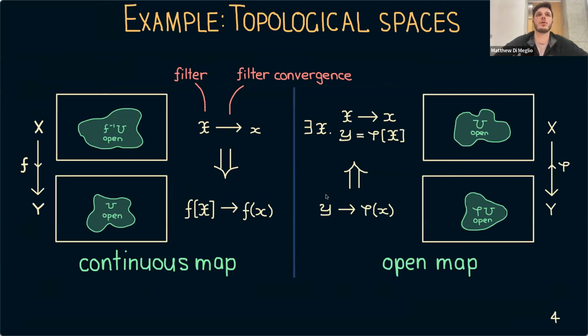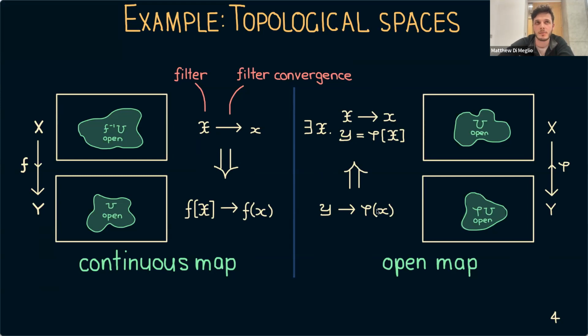For instance, on the enriched category setting, if you enrich in the monoidal category 2, so it has two objects, say true and false, and a morphism between them, then the enriched categories there are preorders, the enriched functors there are monotone maps, and the enriched cofunctors there are what I'm calling retromonotone maps, and they satisfy a very similar kind of lifting property.